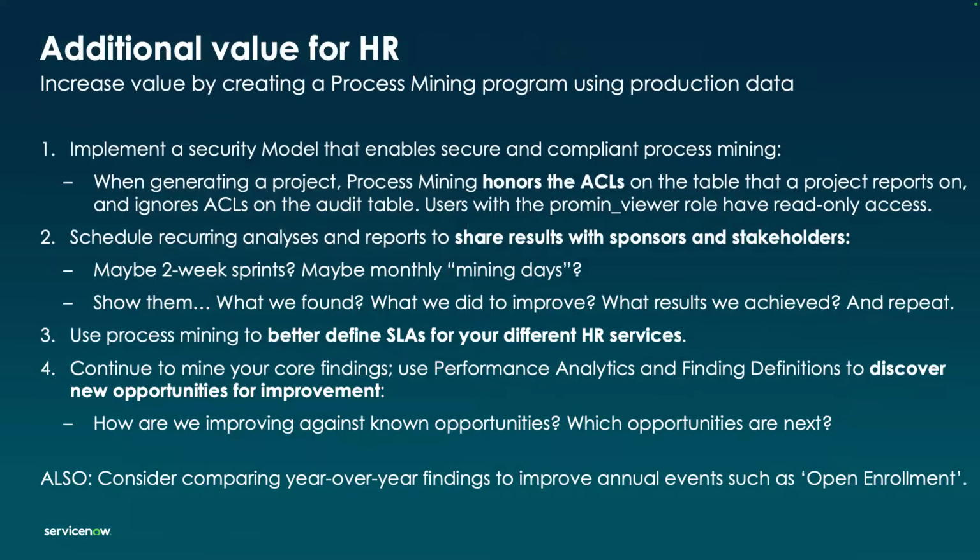There's some additional value for HR, and I want to talk about this very quickly. When you're generating a project, process mining is honoring the access control list, the ACLs as we call them. So if I don't have access to details of, let's say, an employee relations case, I can still run process mining to get the core, like how long did this take, how many steps were involved, but I can't see the details.